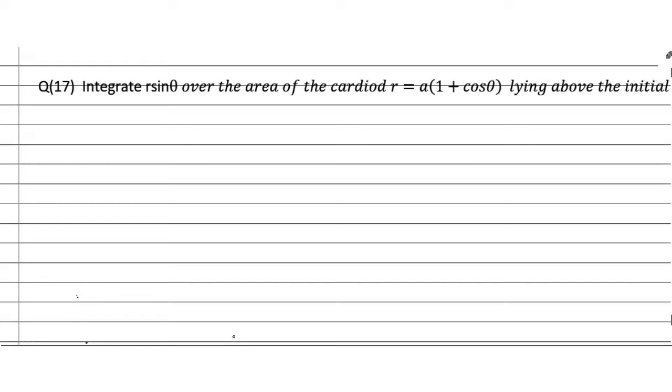So for the area of the cardioid, r is equal to a into 1 plus cos theta, where theta varies from 0 to pi, and r goes from 0 to a into 1 plus cos theta.